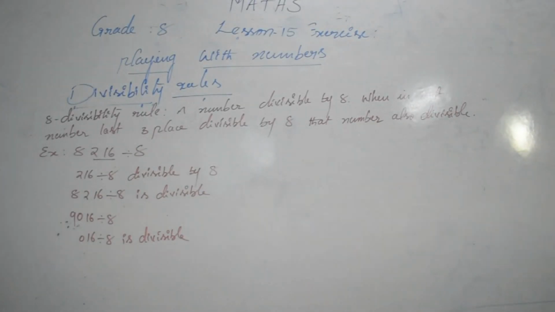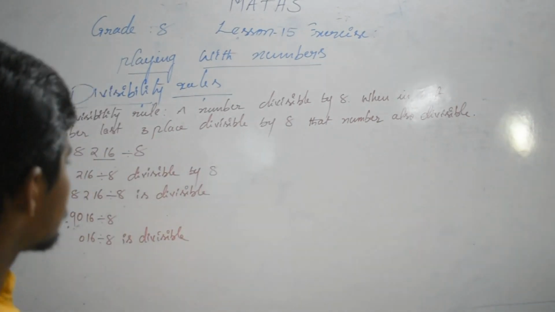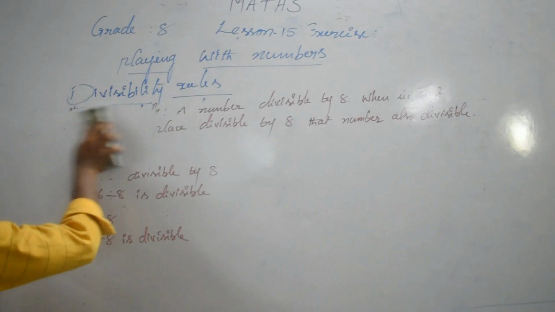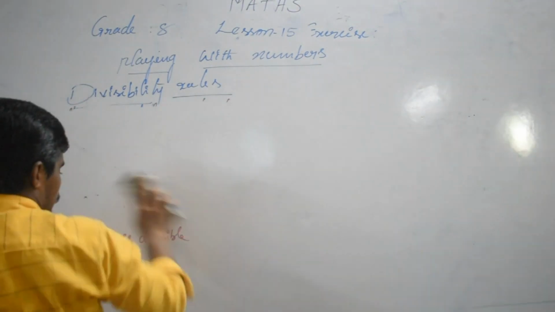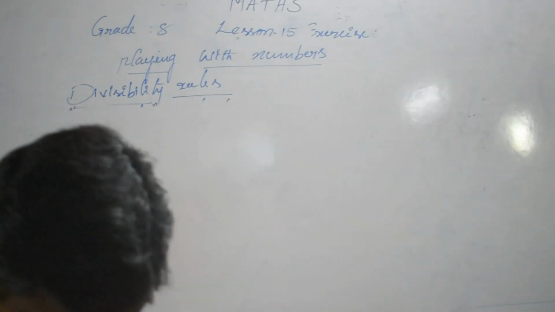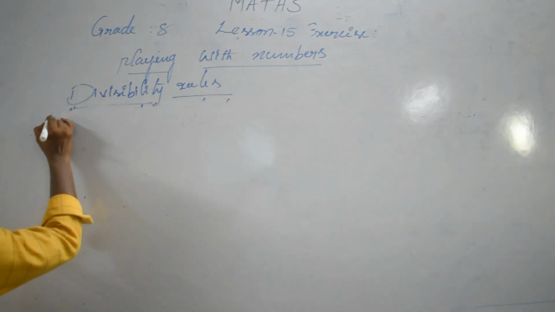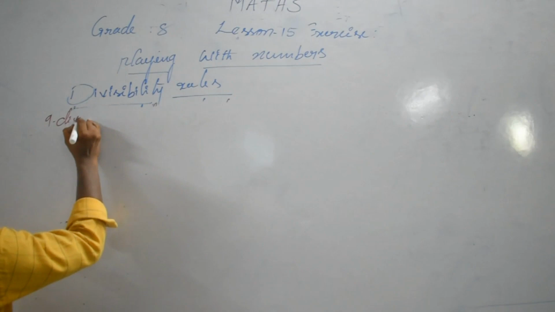So next one, 9 divisibility rule. What is the 9 divisibility rule? It is like the 3 divisibility rule. Simple, remember in your mind.